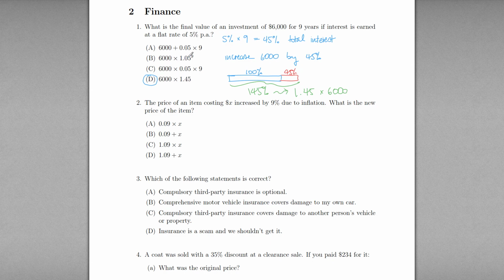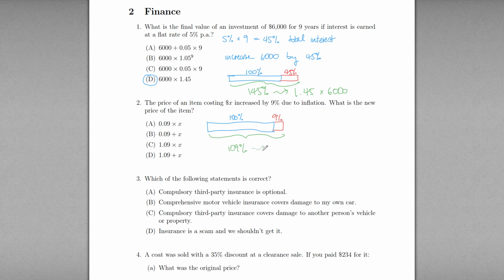Okay, price of an item costing X dollars increased by 9% due to inflation. What's the new price? So same thing as one before. We have a 100% starting value. That's whatever the X was. Then we need to add on to this an extra 9%. So that's an extra 9% there, which means that again, in total, what we're going to have is 109%.